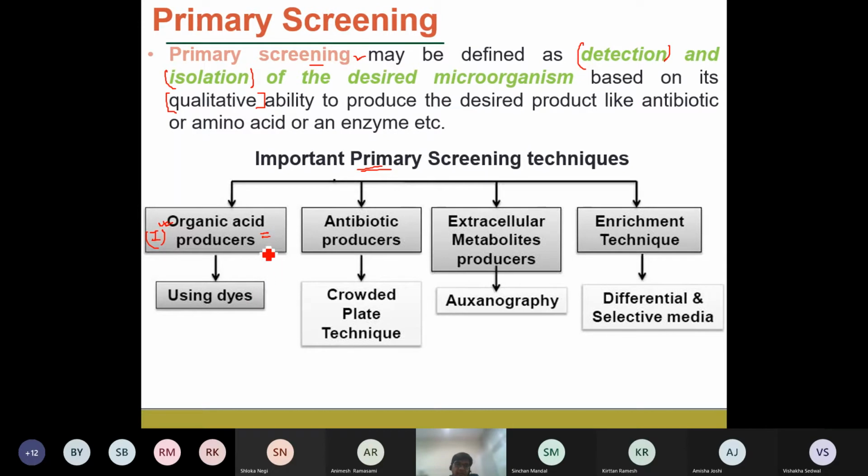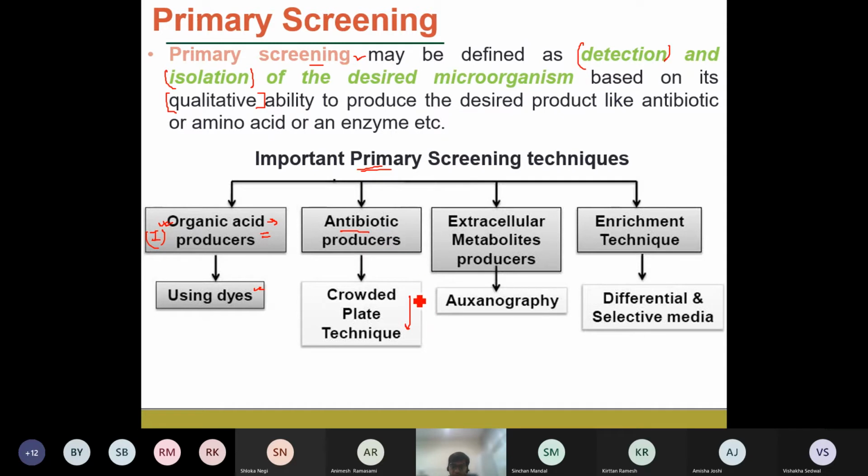When the acids are produced, the pH of the process changes as the fermentation is carried out, and that is detected using some sort of dye. Generally we have a color change when the organic acid is produced as your product. Another is the antibiotic producers, which can be detected by the crowded plate technique.